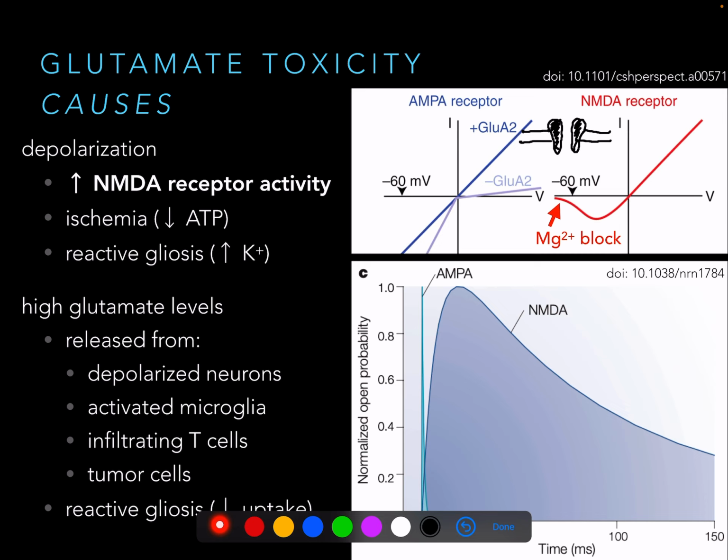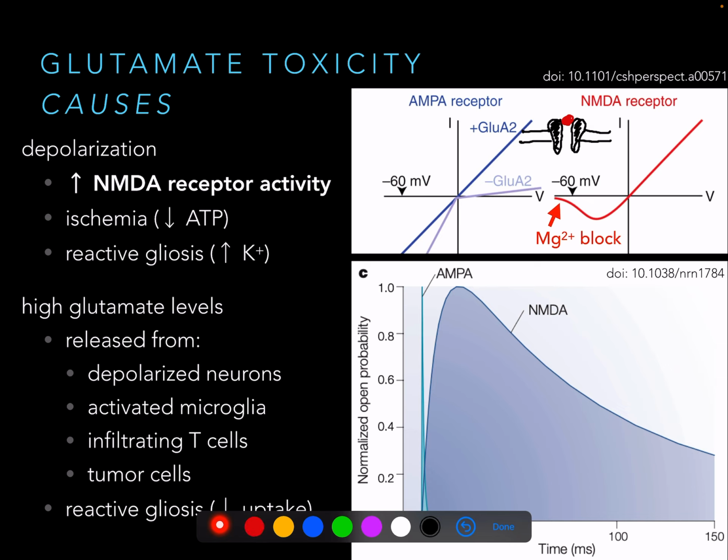At rest, the cell is negative, and that's going to attract that positively charged magnesium into the cell. It tries to get in through NMDA receptors, but it can't quite fit. Kind of like Winnie the Pooh trying to crawl through the hole in the tree trunk, it gets stuck. So the magnesium ion sits in the ion pore, preventing any ion movement until we can repel it.